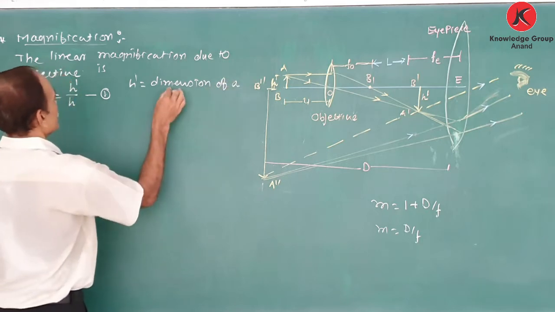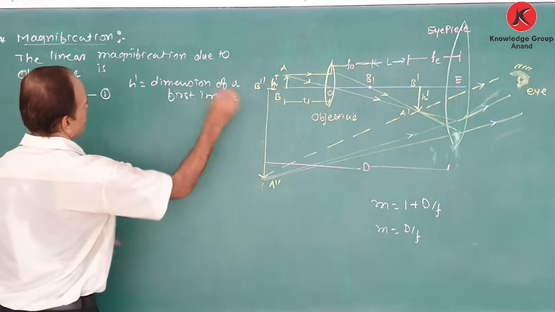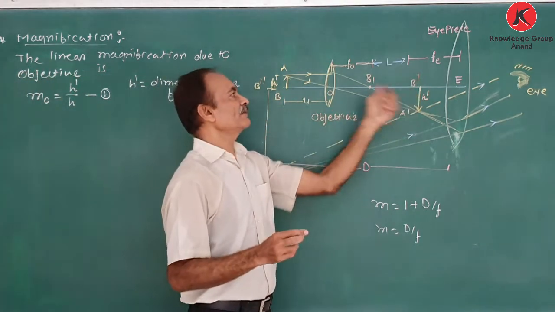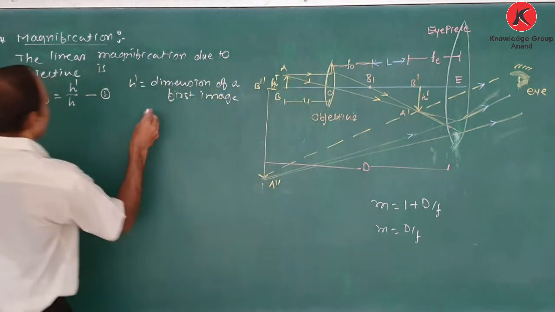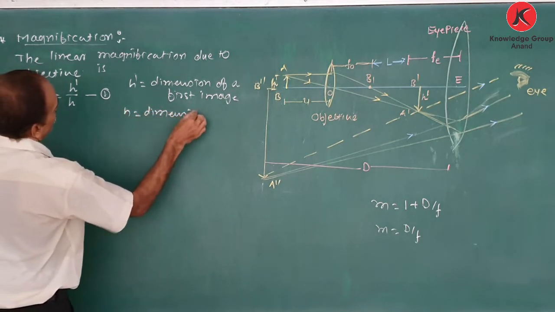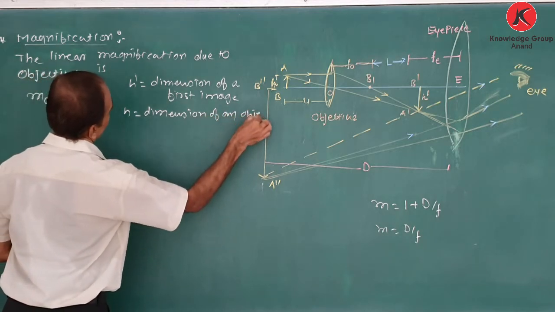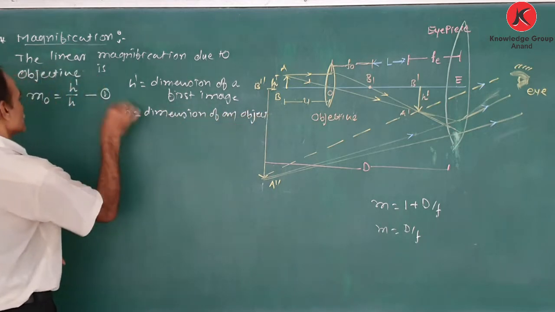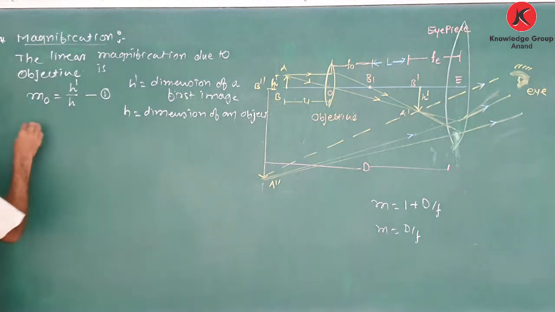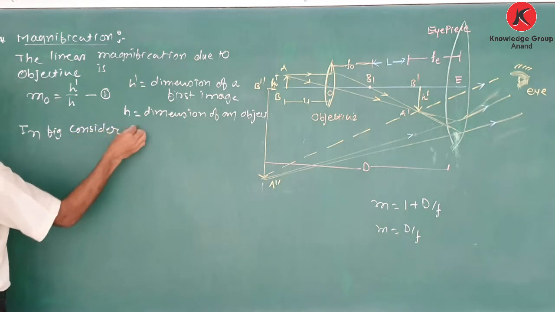a first image, because this first image is A'B' formed by the objective lens, and H is equal to the dimension of an object. Okay, that's it. Now in the figure, consider the triangle.